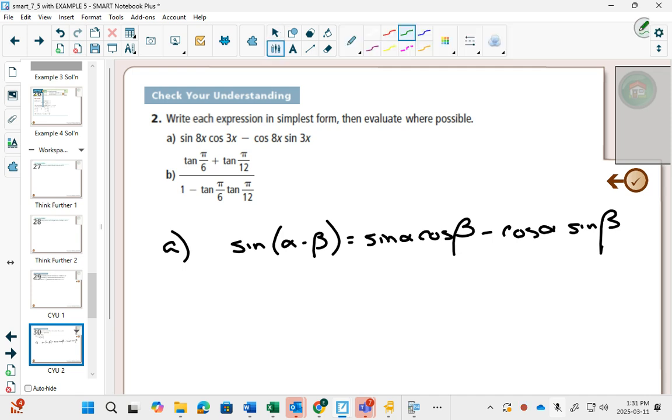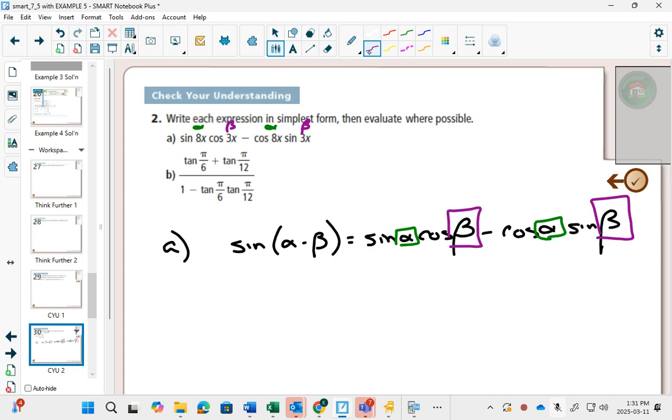When I'm looking at this, there's an alpha and a beta. I'll go to my question and ask, does this match up perfectly with the formula if alpha is 8x and beta is 3x? Do they have it written in exactly the same way? Do they have sine alpha cos beta minus cos alpha sine beta? Yes. Theirs matches up perfectly.